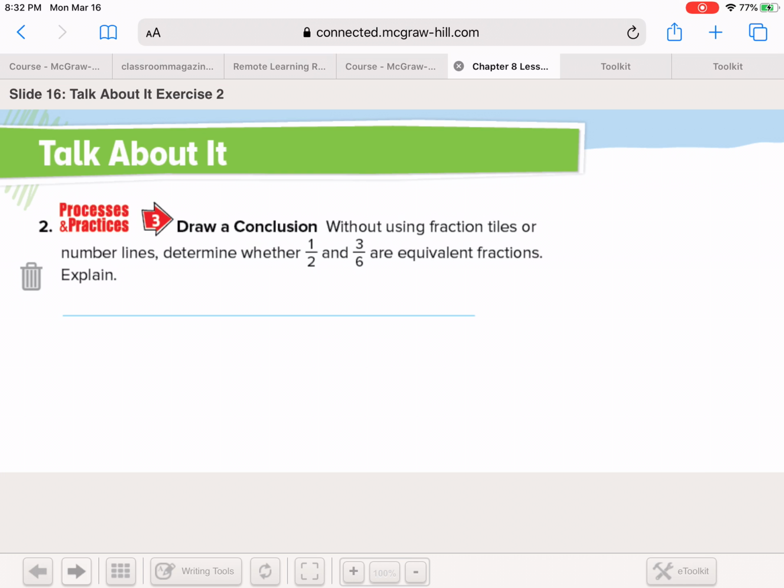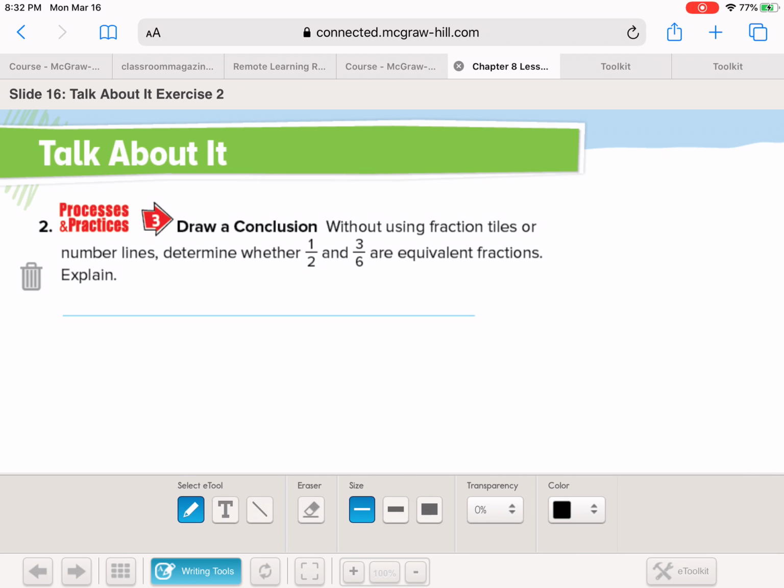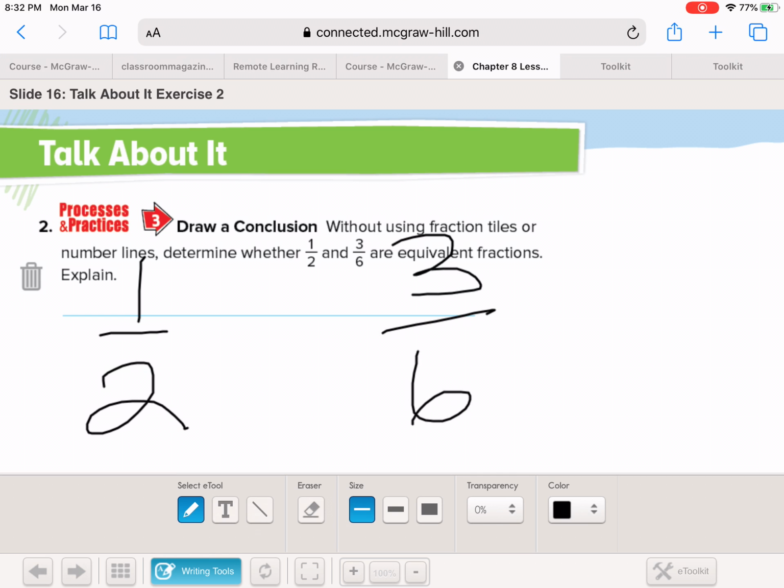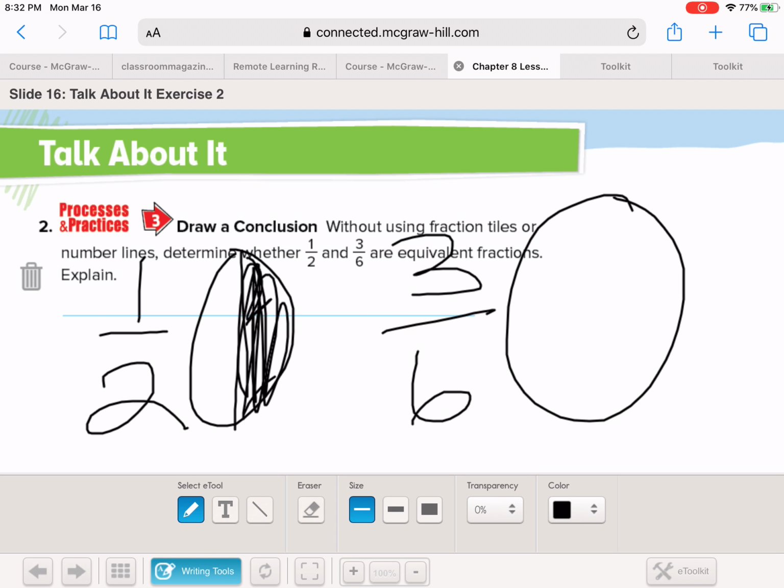Without using fraction tiles or number lines, determine whether 1/2 and 3/6 are equivalent. So here's 1/2, 3/6. All right, so here's my pizza. Remember, I'm a bad drawer.